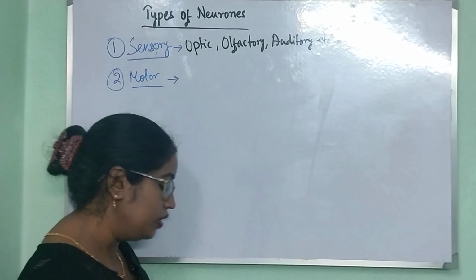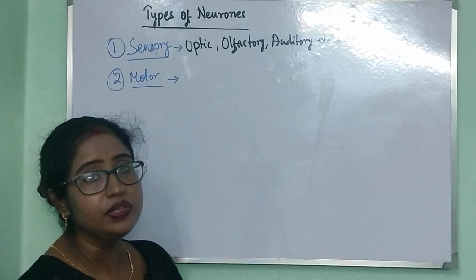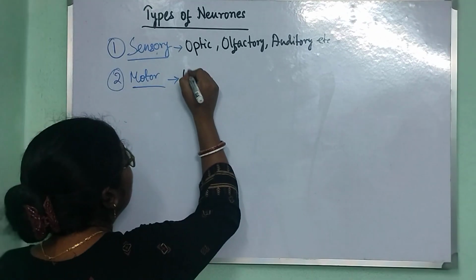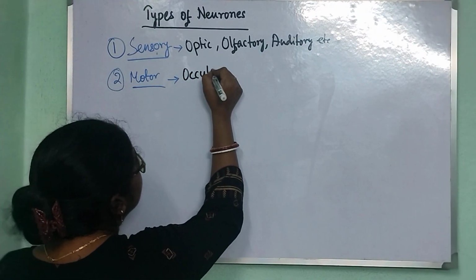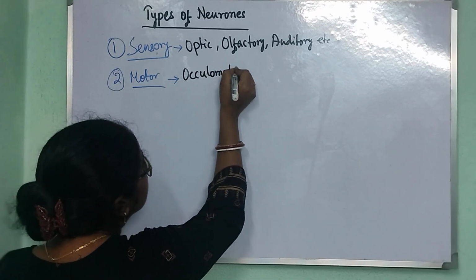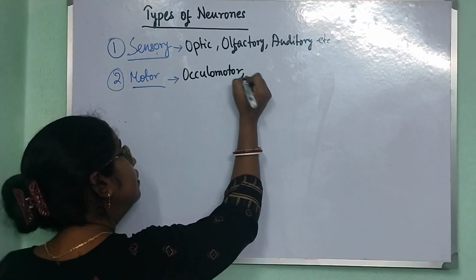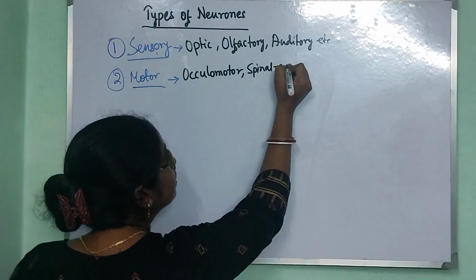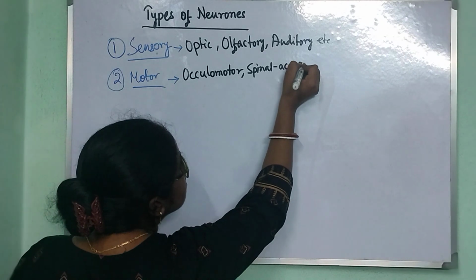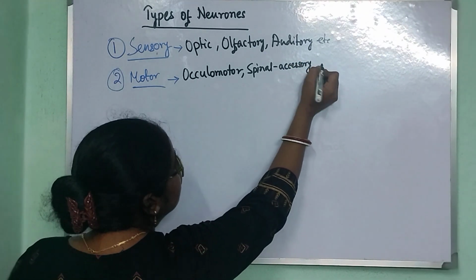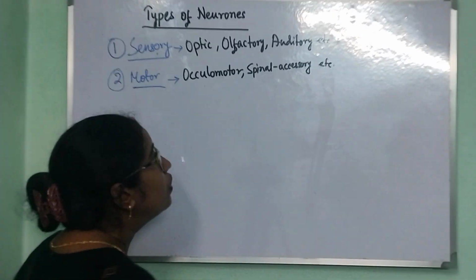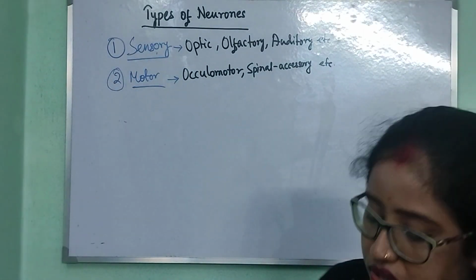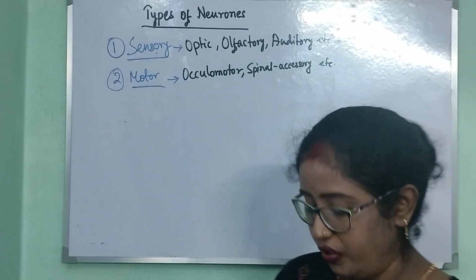Examples of motor neurons are the oculomotor neuron, then the spinal, accessory, etc. So oculomotor, spinal, and accessory neurons are examples of motor neurons.